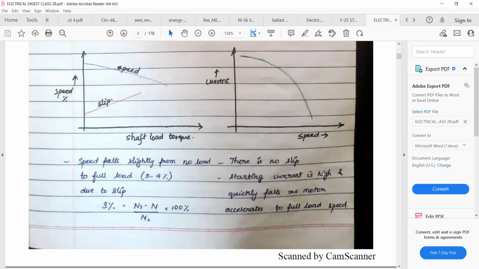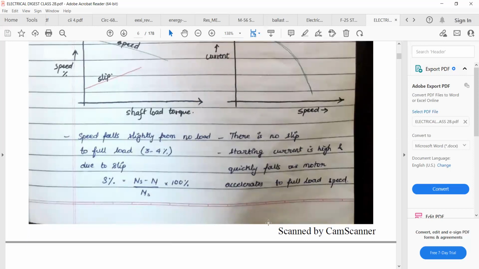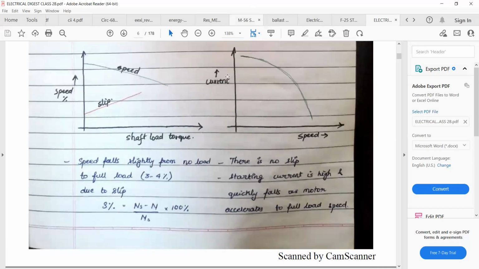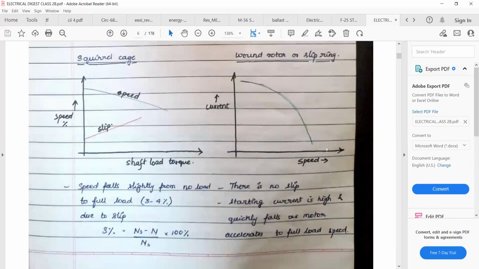Starting current is high and quickly falls as the motor accelerates to the full load current. This is the graph between the current and the speed. As soon as your motor is starting, the current is high, but as the speed increases, it decreases.